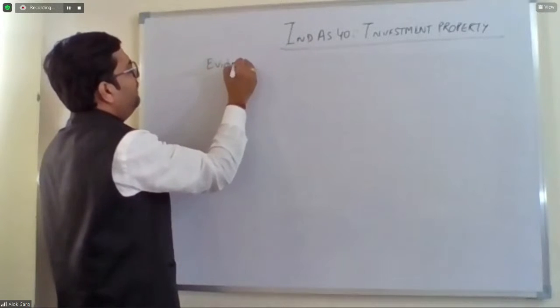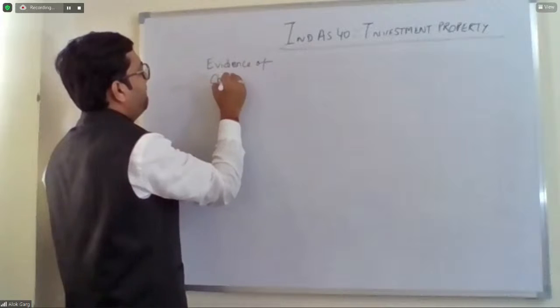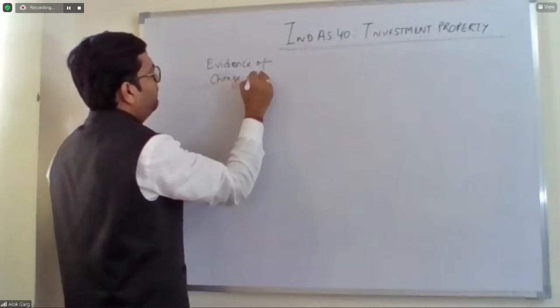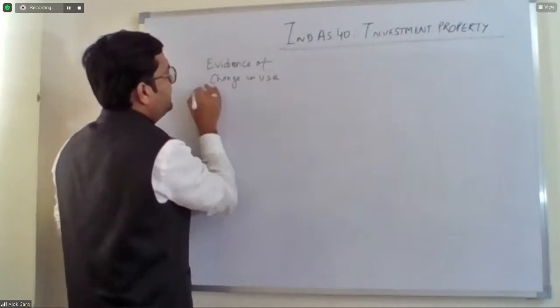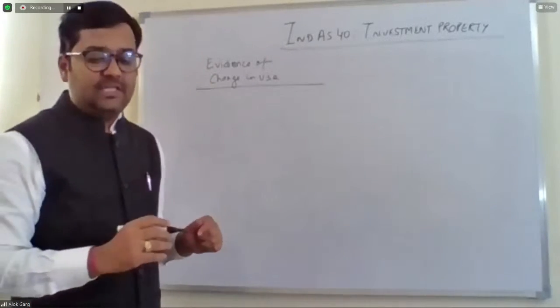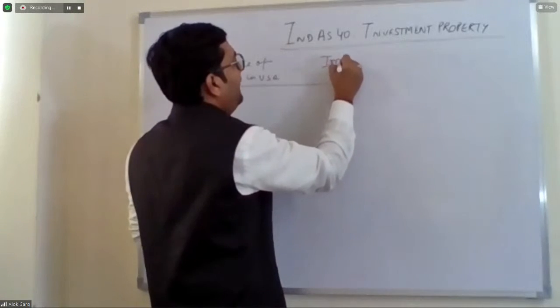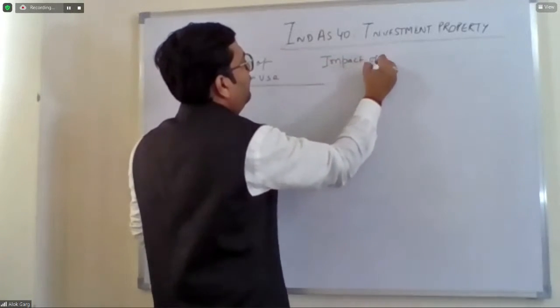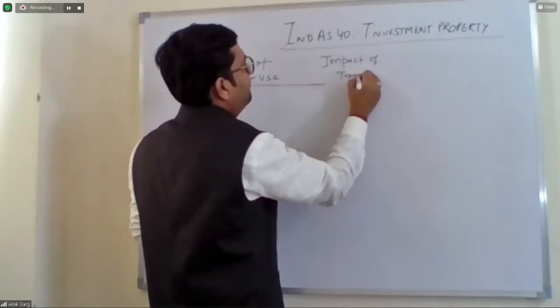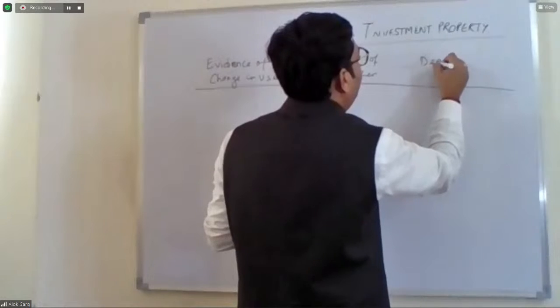I would request everyone to please write down this evidence of change in use. Then the impact of transfer. What will be the impact of transfer? And the third one is, what will be the deemed cost?